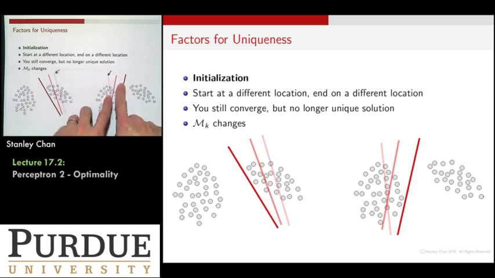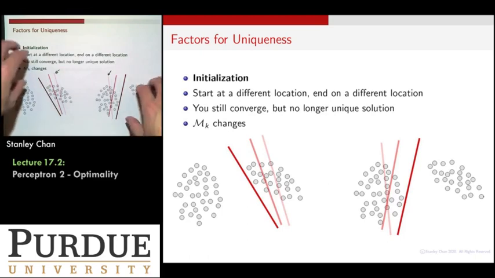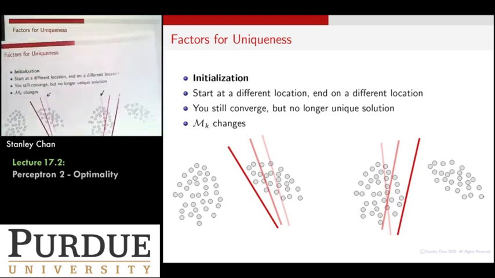It's because you want to find a separating hyperplane that can just make sure that the 2 classes are perfectly classified. There's no reason that this line should be there. As long as it finds a line that can separate the 2 classes, it's done. It stops. Okay. So you have an initialization that will lead to a different solution.